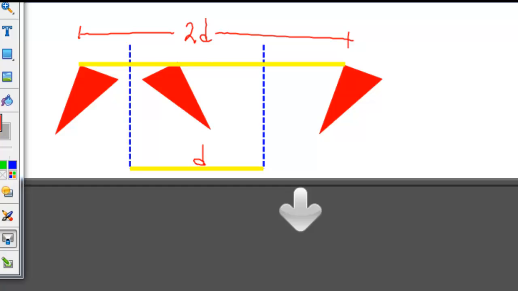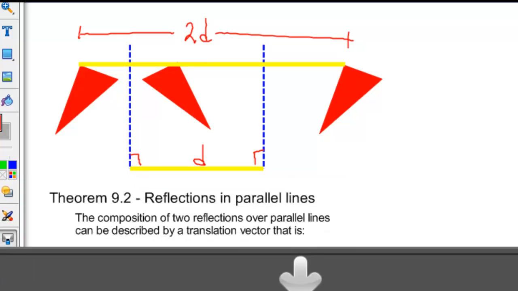Also, the line segment formed with the d is perpendicular to the line of reflection, either line of reflection, really. And that brings us to our next theorem, Theorem 9.2, reflections in parallel lines. So the composition of two reflections over those blue parallel lines can be described by a single translation vector.